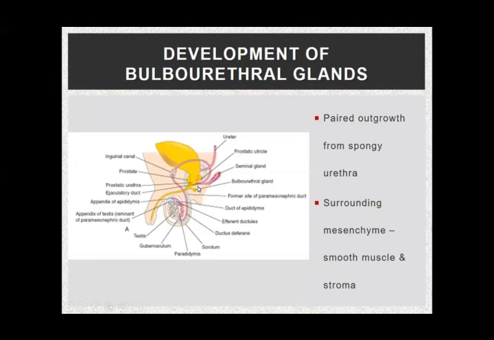It is this surrounding mesenchyme that develops into smooth muscles and the connective tissue stroma. Obviously, if it's a gland, it has a connective tissue stroma. So the connective tissue stroma and the smooth muscles are derived from the surrounding mesenchyme.